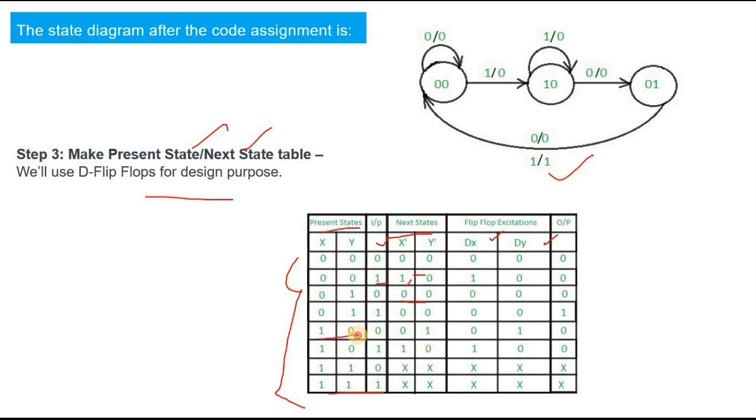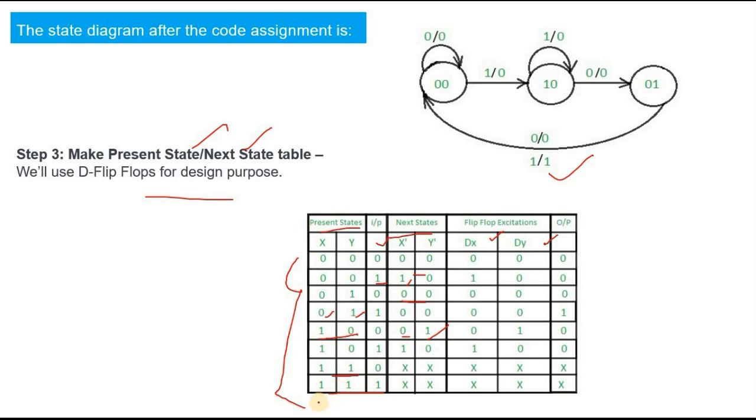See, 1 0 means for the D flip-flop, 2 inputs, one input is 1, another input is 0. So if you give the input 0 1, it gives x dash as 0 and y as 1, and the corresponding output is 1.